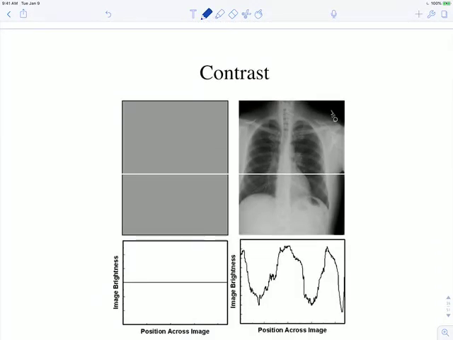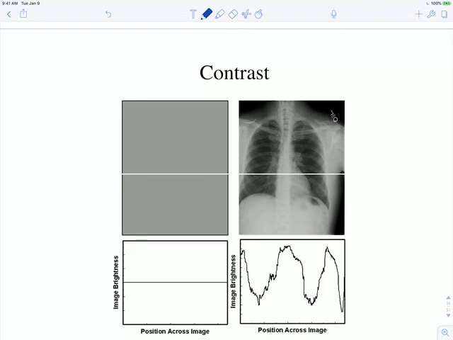Okay, so the first concept we want to introduce is contrast, and any of you who has played around with your display on your computer already knows about contrast. Essentially, contrast is a way of saying how much the image varies across space, or it could be across time later on when we look at time series images. But the basic idea is that we're hoping to get some information due to contrast.